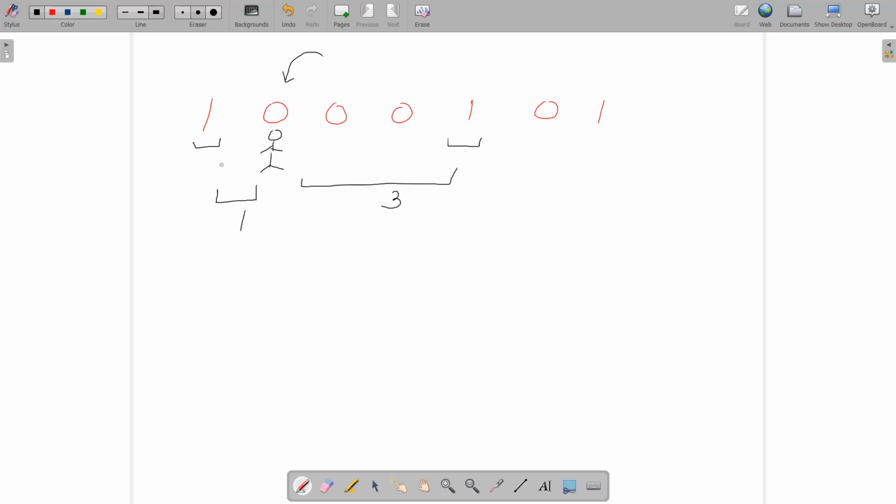So the closest non-empty seat is at distance 1. You need to maximize the distance between the person and the closest non-empty seat. So if the person sits over here, the answer comes out to be 1.